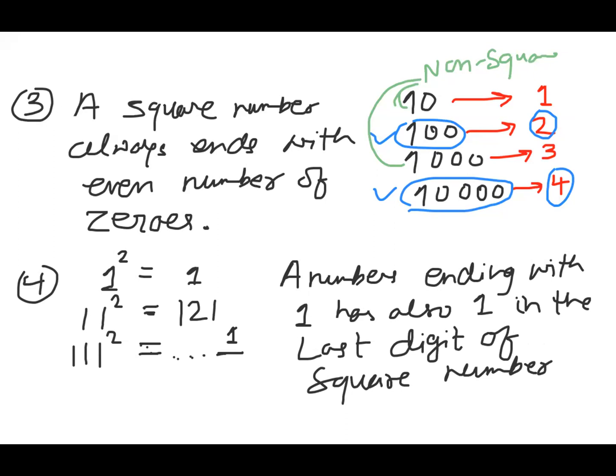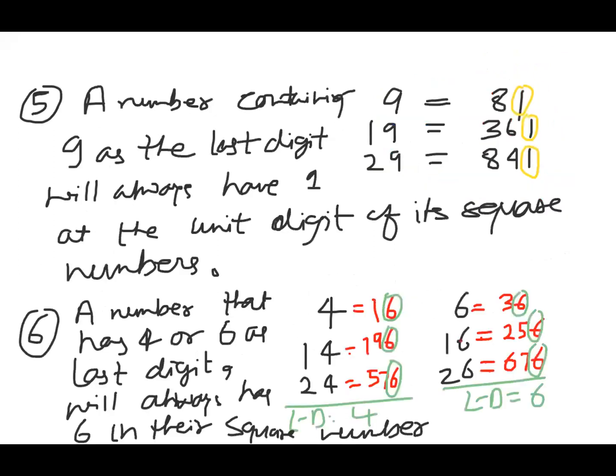Okay. Moving on, let's discuss more. So property number 6. Let's say I have got a number -6 or -5 or -3, -7. What are their square numbers going to be?